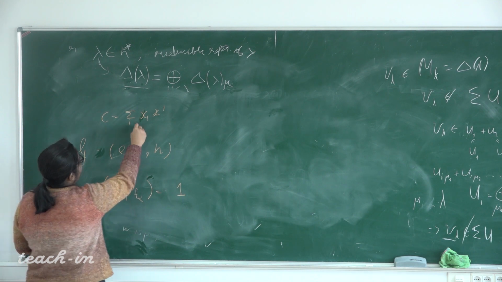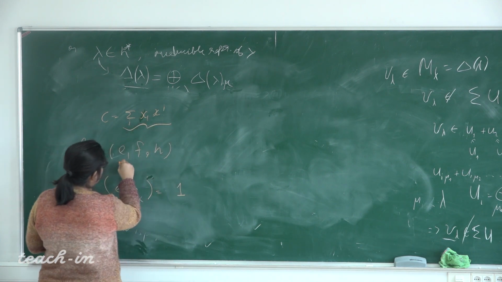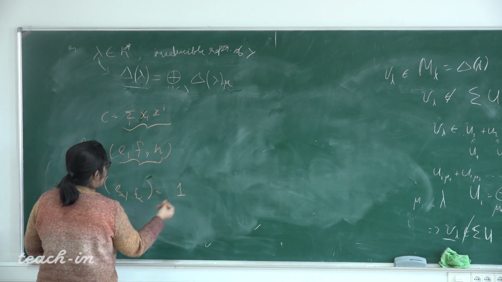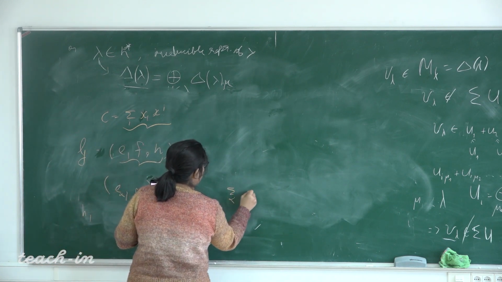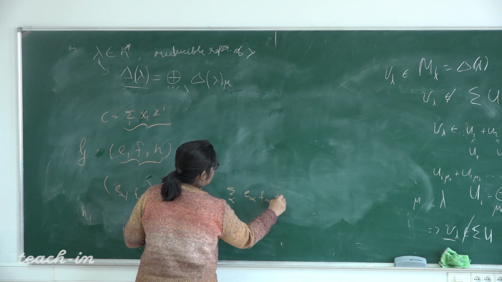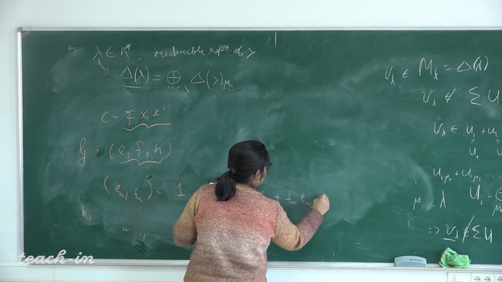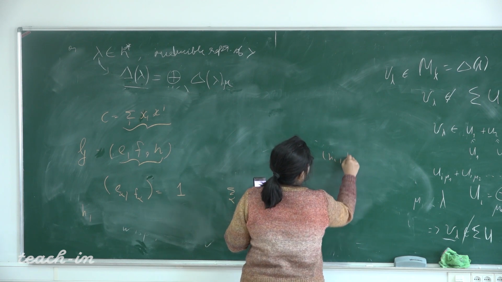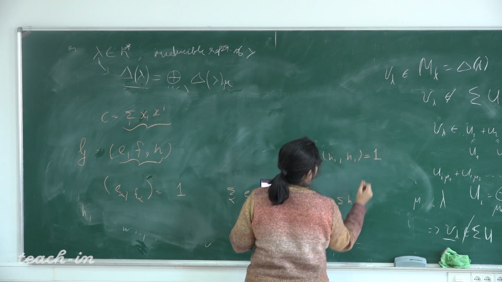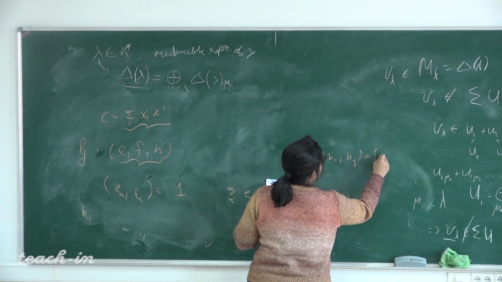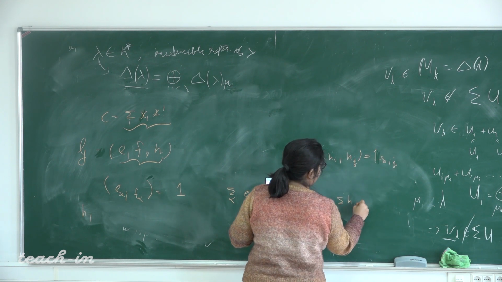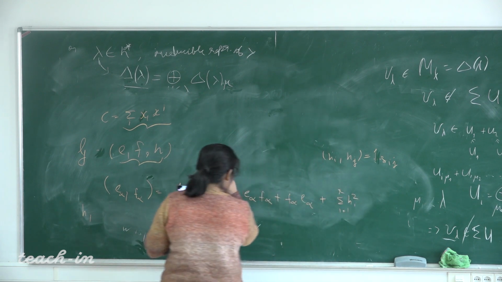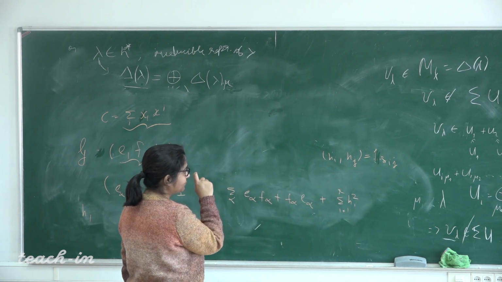If I want to write this as a combination of E, F, and H, I have just this thing. Because H_i, H_j is delta_ij, so H_i squared is 1, for i up to r.